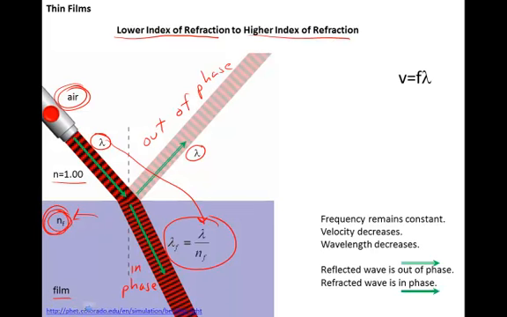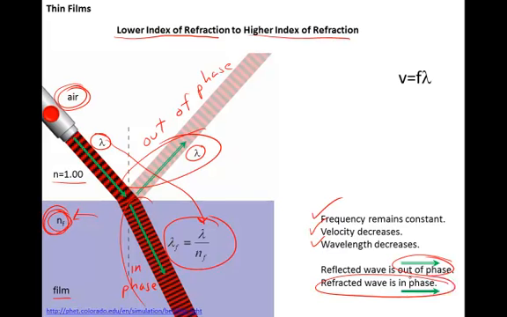So, similar to the previous example with the thinner to thick string, the frequency still remains constant, the velocity decreases, and the wavelength also decreases, as you can see in this part of it. Now that's for the refracted wave. The reflected wave is out of phase, right there, and the refracted wave is in phase, right there.